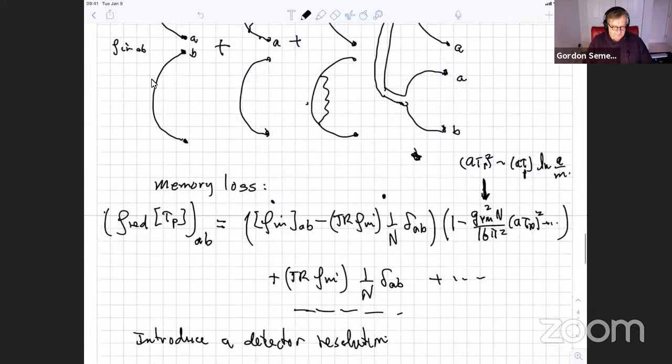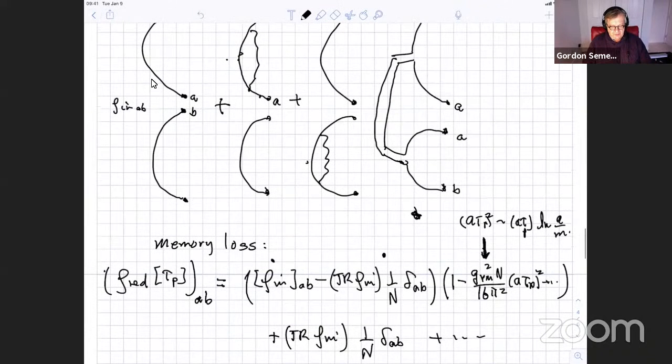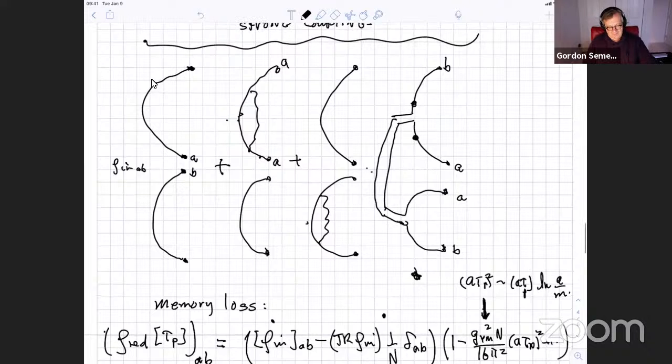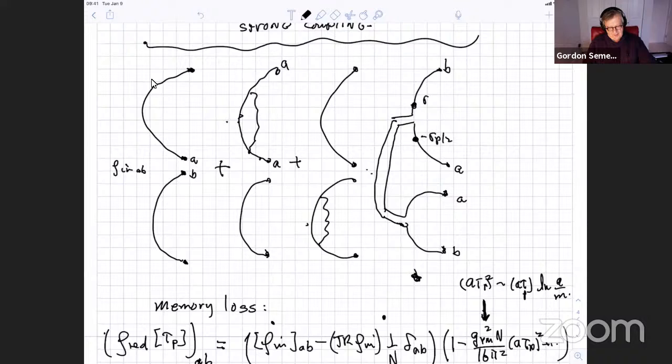So in that case, I should probably only trace out the stuff that I wouldn't be able to detect. And that's the stuff that's below some detector resolution. I could fake a detector resolution in the following way. It's kind of easy here. I could say that my detector switches on and detects particles only in some interval of time here. In fact, let me give it an interval of proper time. So there's some shorter interval of time when I can detect particles, and then the rest of the time not.